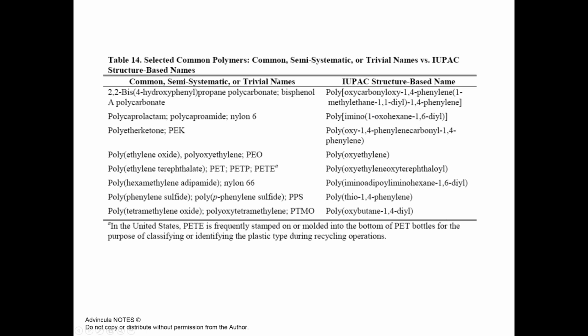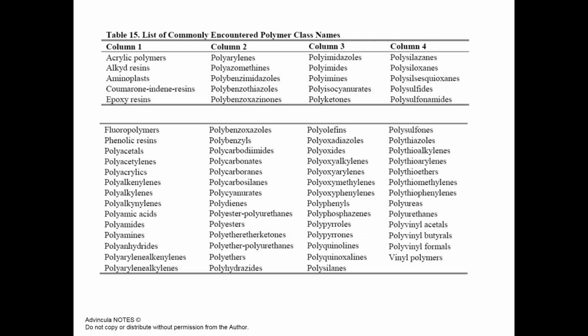And of course, other names are based on trade names, trivial names, or acronyms, like polyether ketone. Nylon is essentially made from polycaprolactam, polycaproamide, or based on amino acids, polyethylene oxide, PET, polyethylene terephthalate, and so on. And there are many other polymers that, of course, we don't have time to cover.